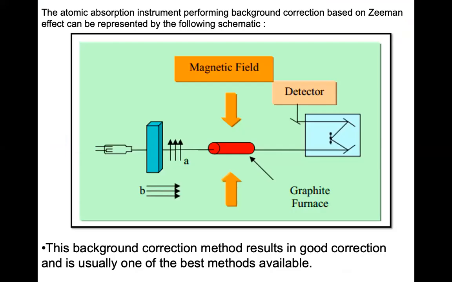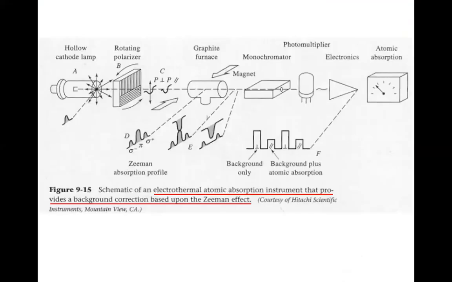I'll try to give it later. You can see with the Zeeman effect we can check this is background only, and this is background plus the absorption of the atoms that we study. So this is to reduce the effect of background.